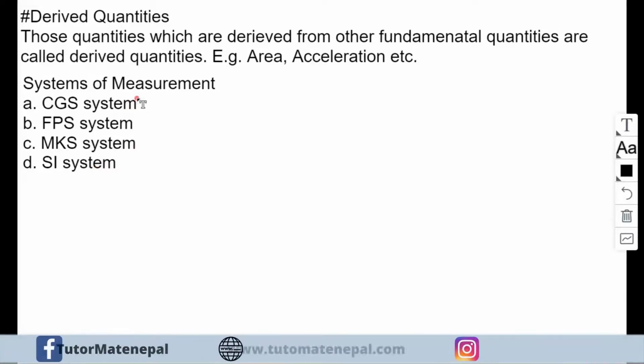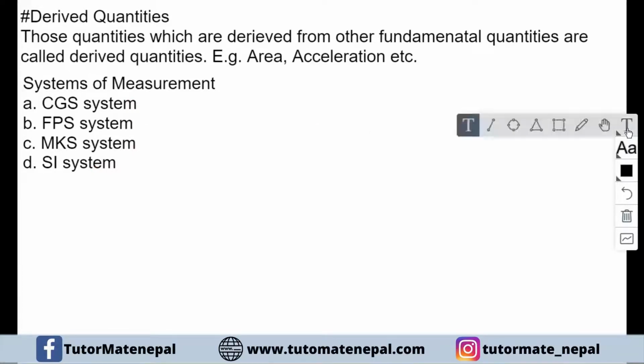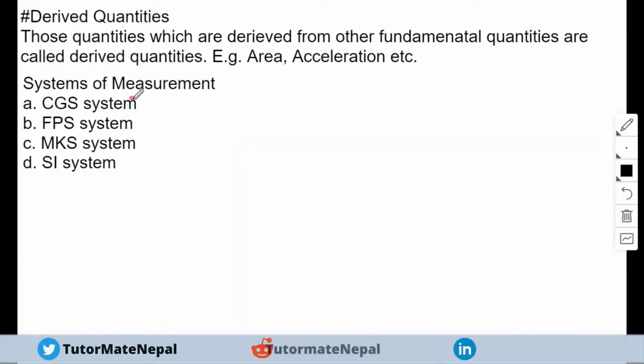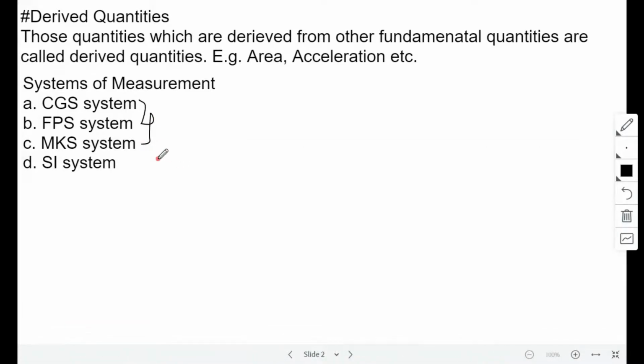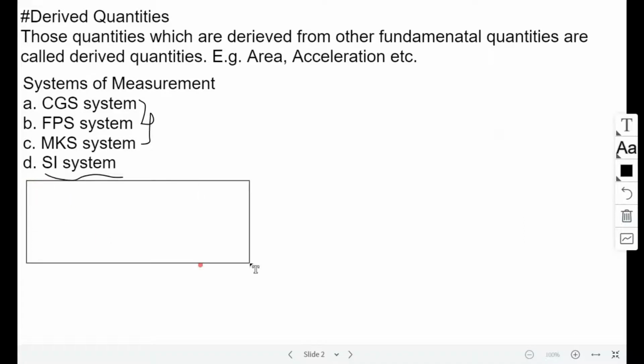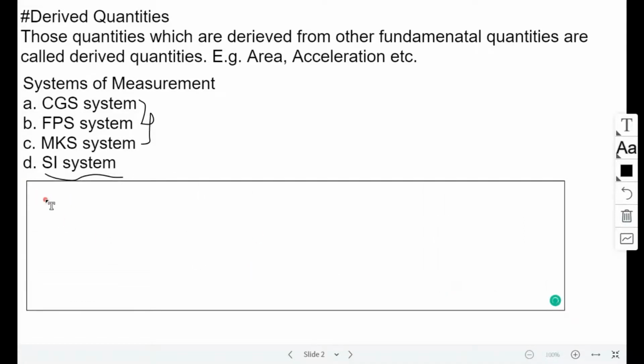Let us leave these three systems, let us discuss them later. So we will be discussing the SI system. In SI system, there are seven fundamental quantities and their units. So I will be writing that. So the first one, fundamental.